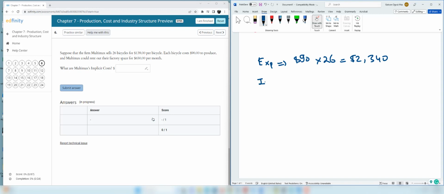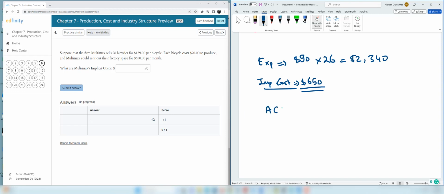Now let's calculate the implicit cost. Do we have any foregone wage, foregone interest earning, and foregone rental income? We have rental income, which is $650 that this business has to give up in order to produce the bicycles. Therefore, 650 is the implicit cost.